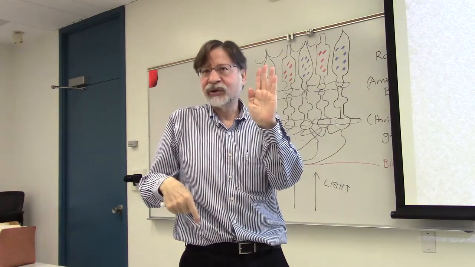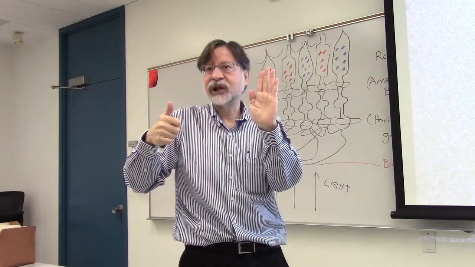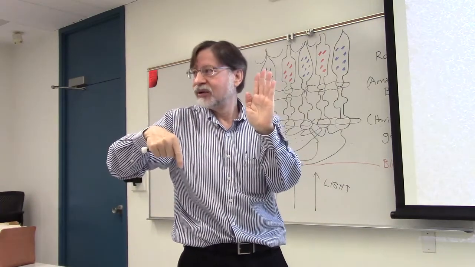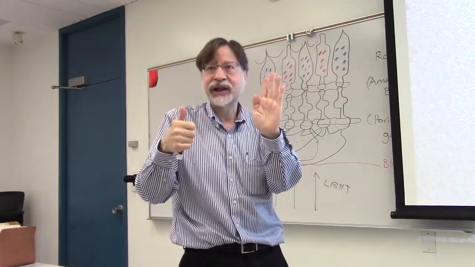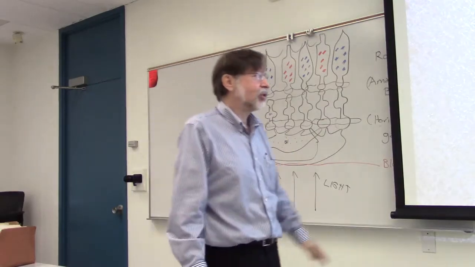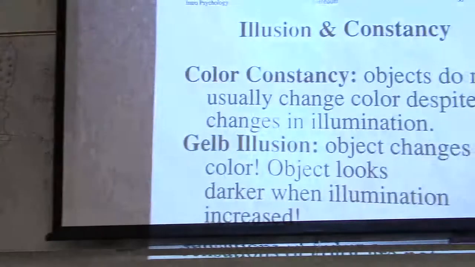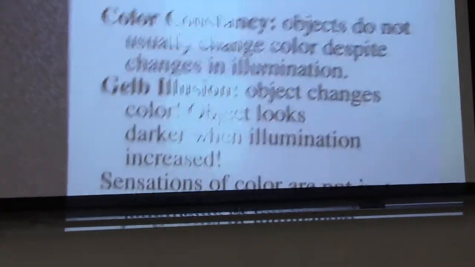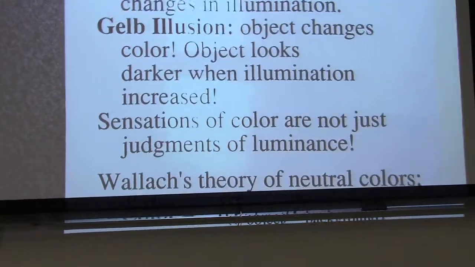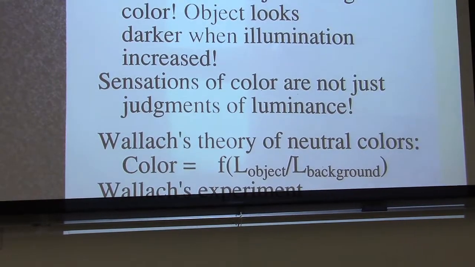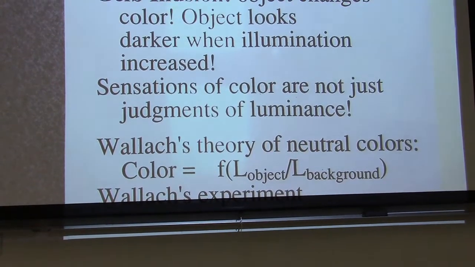And that's also puzzling because we have just increased the illumination and made it darker. So it got darker when we increased the light. So that is a puzzle. It's called the Gelb illusion, and it tells you that sensations of color are not just judgments of luminance.